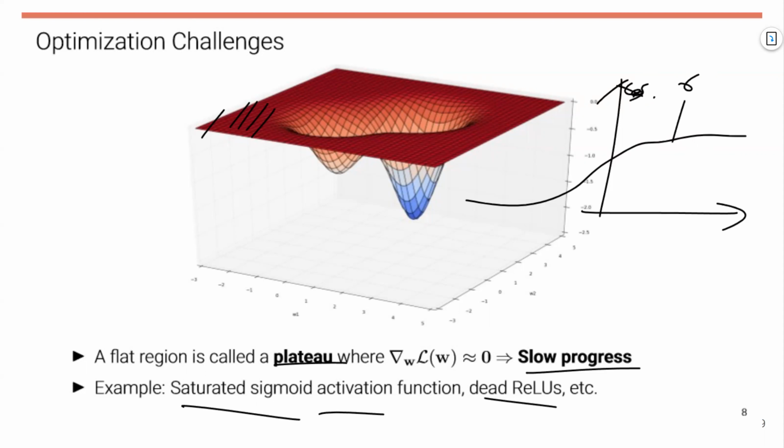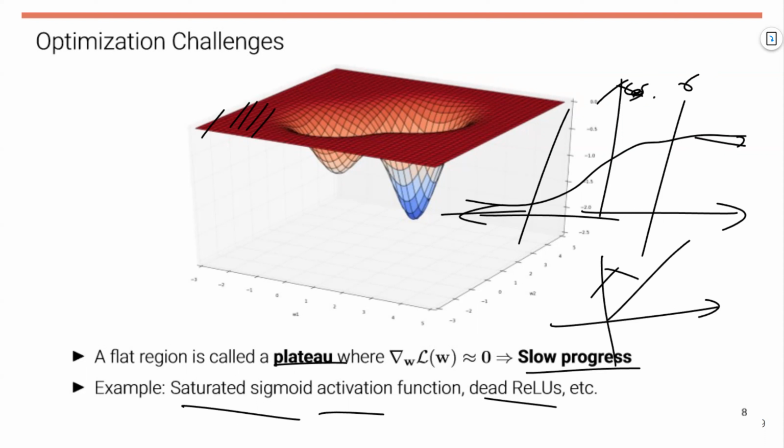In this case, when values are out of certain boundary, then the gradient becomes nearly 0, meaning that there is going to be no update. And in the case of ReLU, here, if you just stop here, then there is no gradient and there is going to be no update. So this is another challenge of optimization.